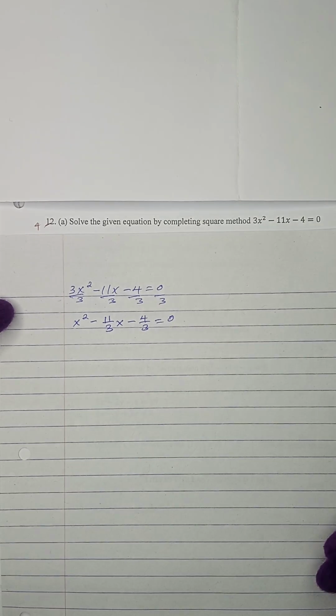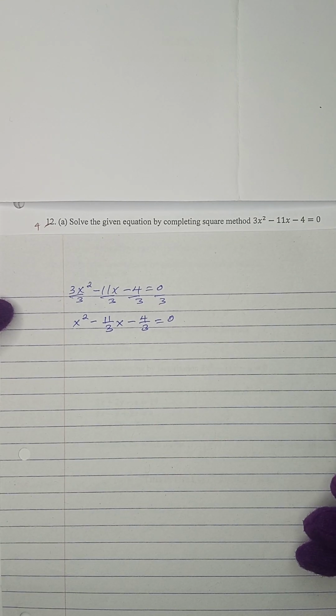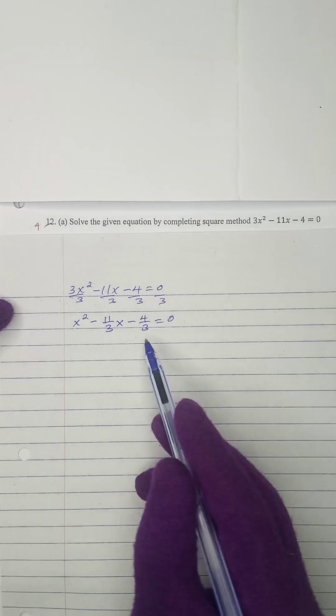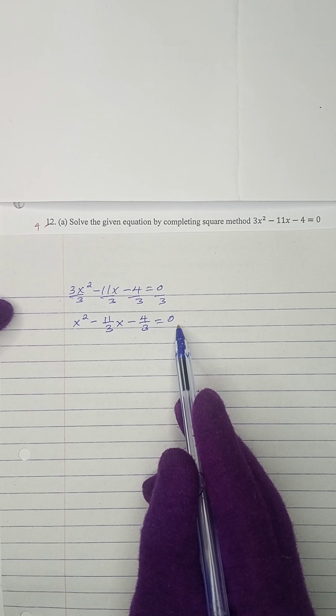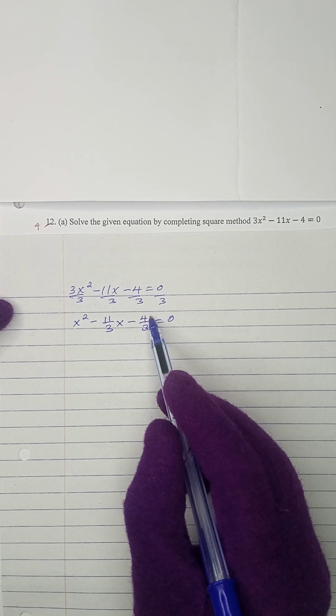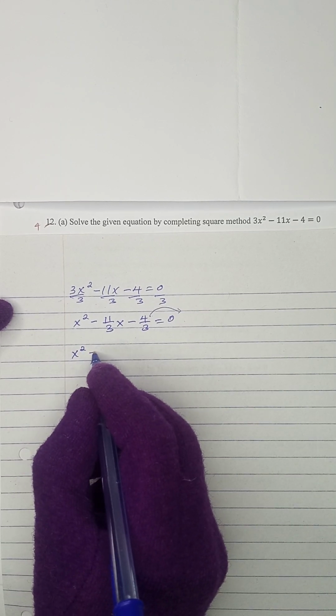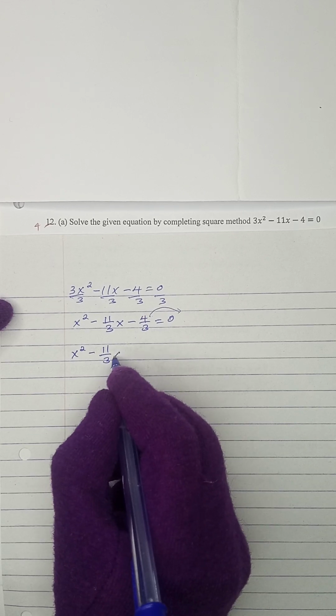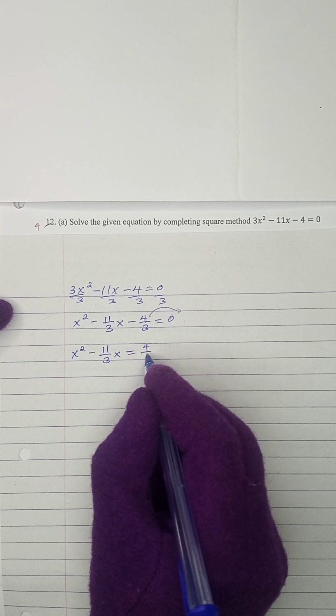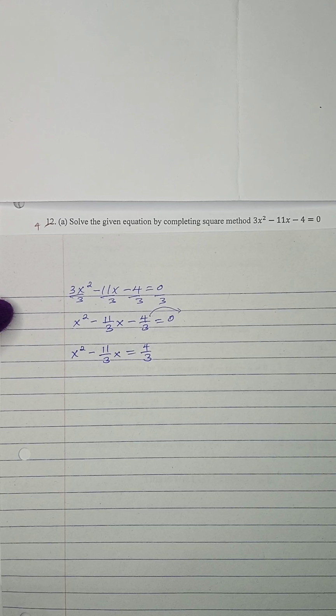At that point, you take the constant across the equal sign, negative 4 all over 3. Once it crosses the equal sign, we will have x squared minus 11 all over 3x equal to 4 all over 3. It becomes positive.